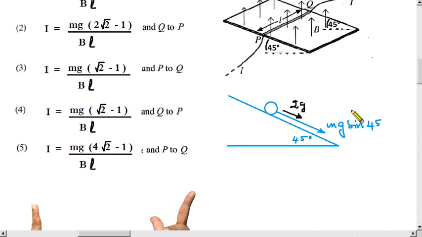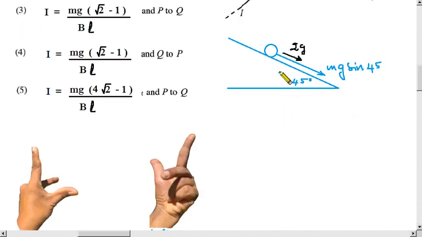So this force is not enough to move this wire at an acceleration equal to 2g, because the maximum acceleration is g when it is freely falling down. So this one is less than g. This one is able to make an acceleration less than g. So therefore we need another force.